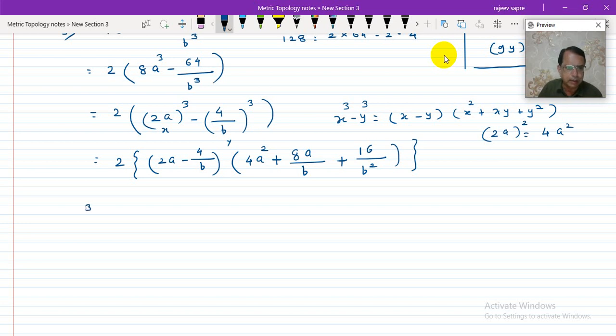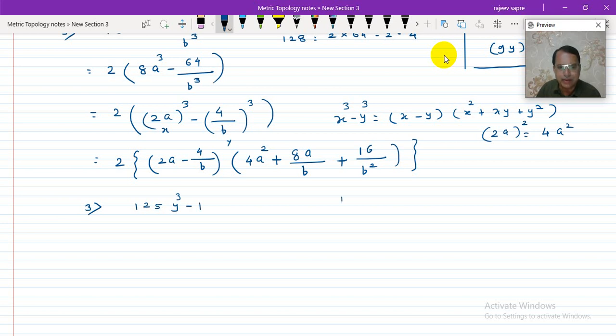Consider now the third problem. I am solving these problems from your book itself. 125 y cube minus 1. Now what you will do?